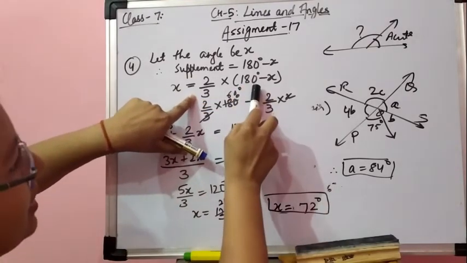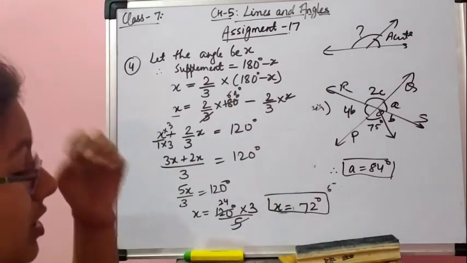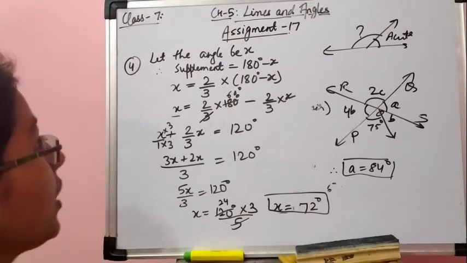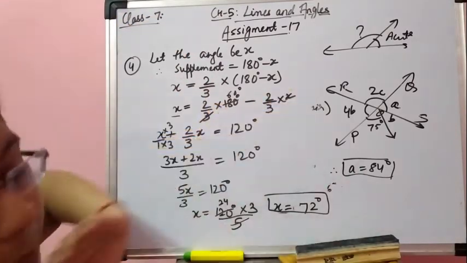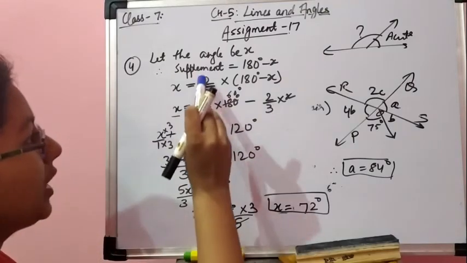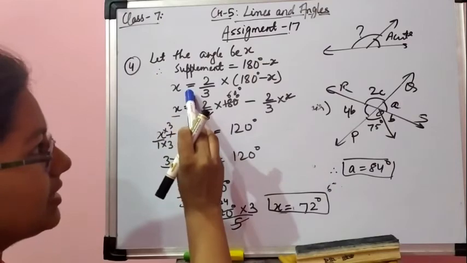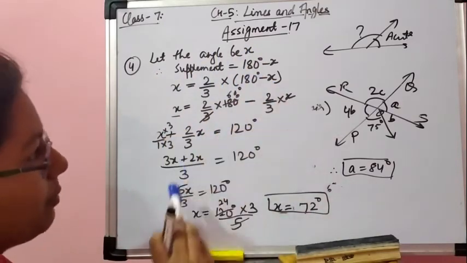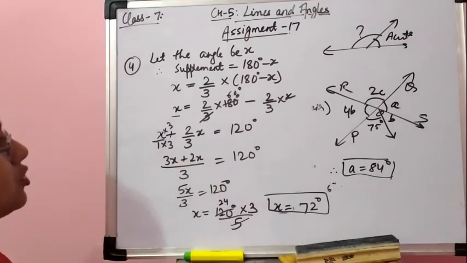So supplement is this, angle is this, 2 by 3rd of supplement. It's very easy to solve equation if you are able to convert the given statement in the form of mathematical expression. 2 by 3rd of supplement. Angle is means equal. Angle is x. 2 by 3rd of its supplement. So now simply by using simple equations we can solve this.